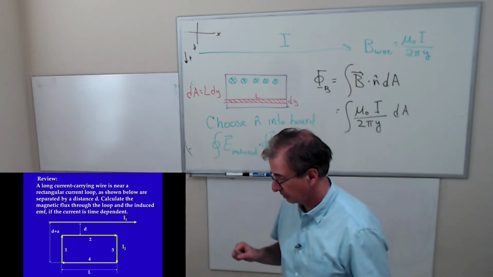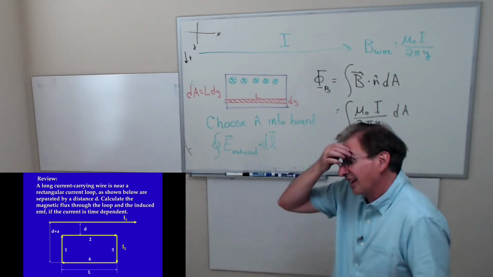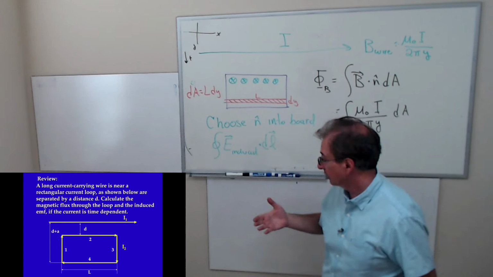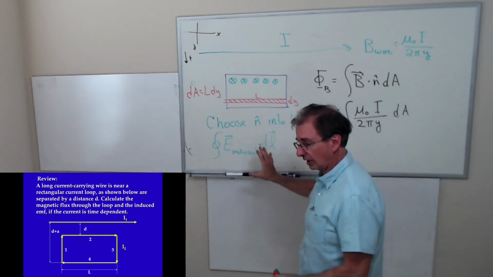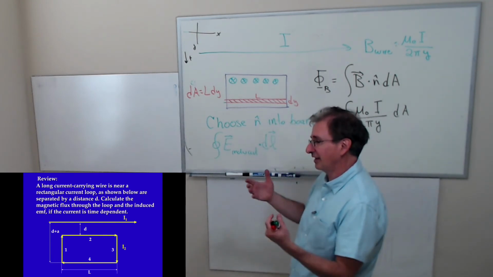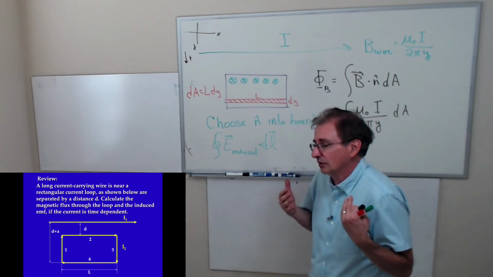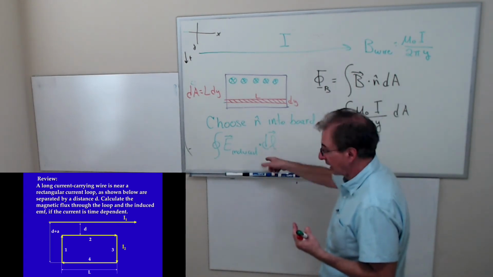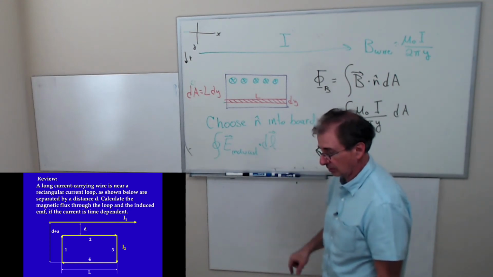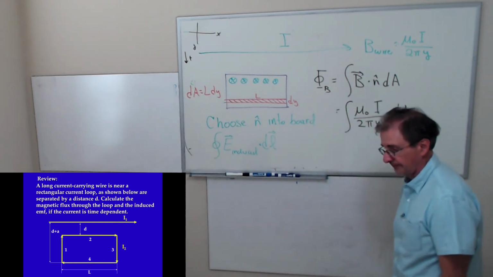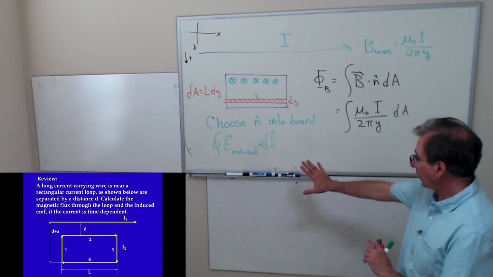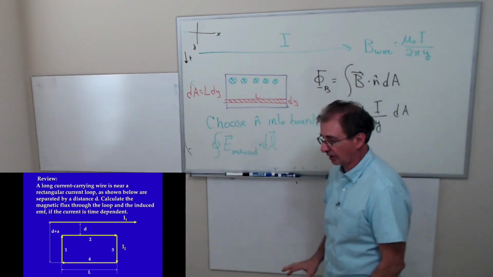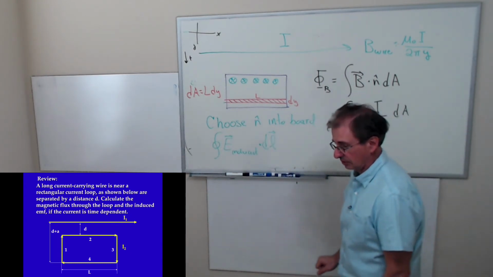So this involves a cross product, and anything involving a cross product involves a right-hand rule. And so when I choose the direction of n, I'm choosing the direction in which I'm integrating. But like I said, I'm not going to do this integral, so I don't care. I just wanted to say that. Okay.